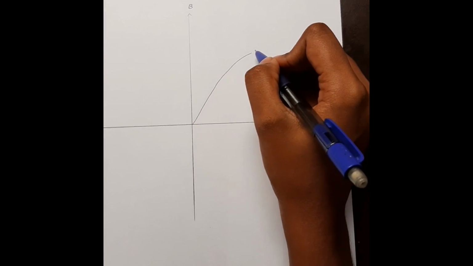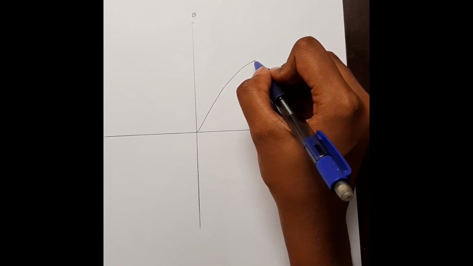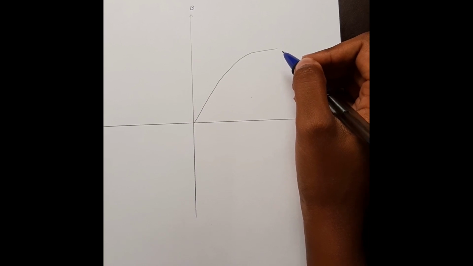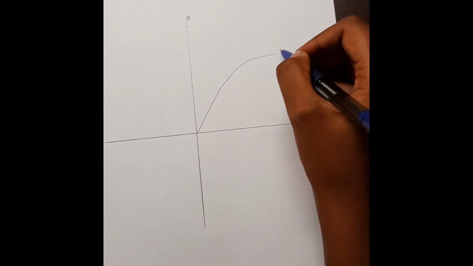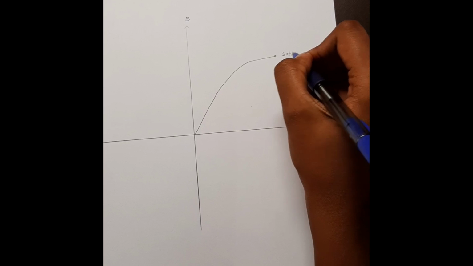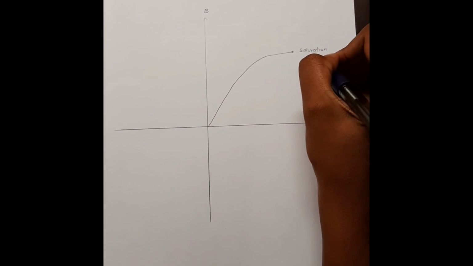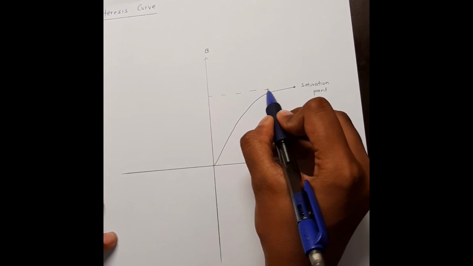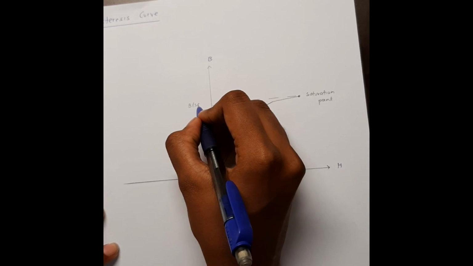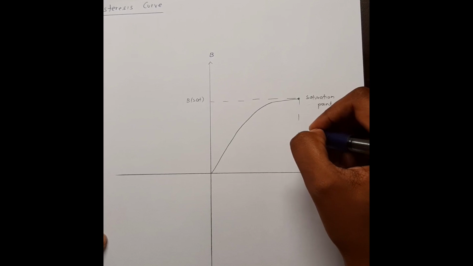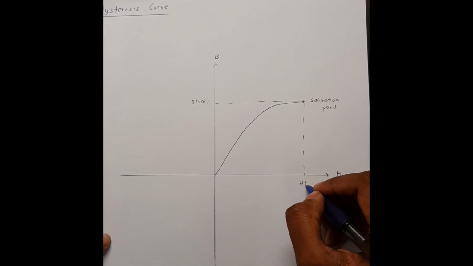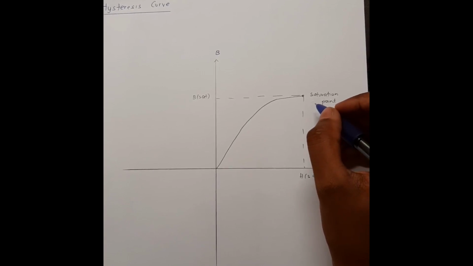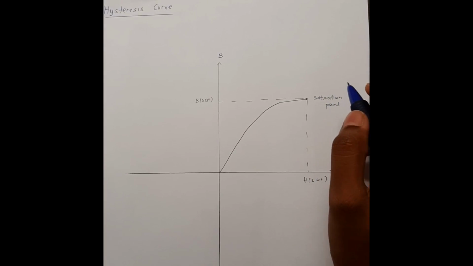When H reaches a certain value, B begins to level off. As H continues to increase, B reaches a saturation value. So this is called the saturation point. Once the saturation point is reached, a further increase in H will not increase B.